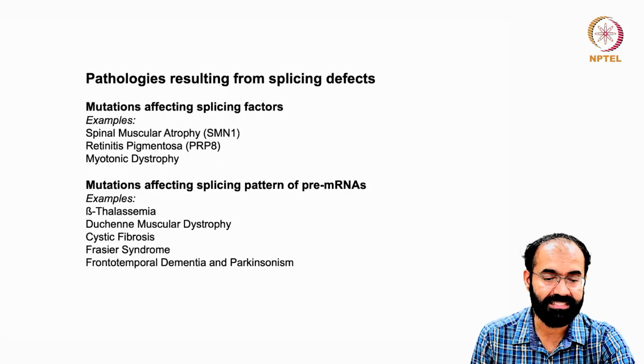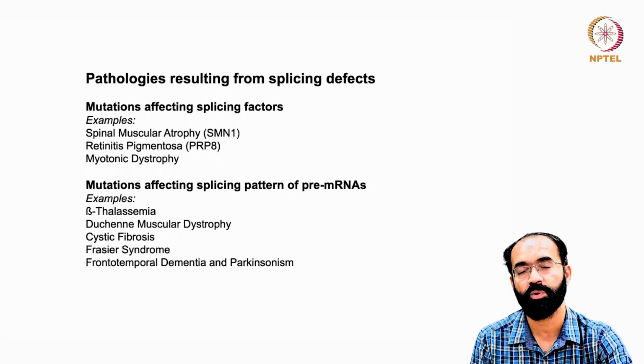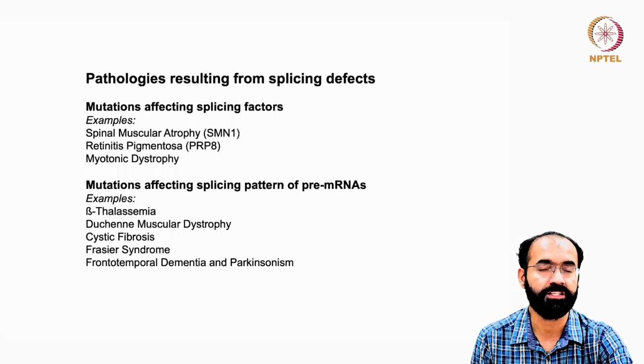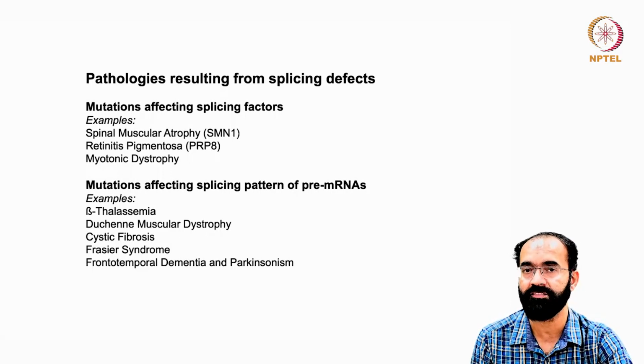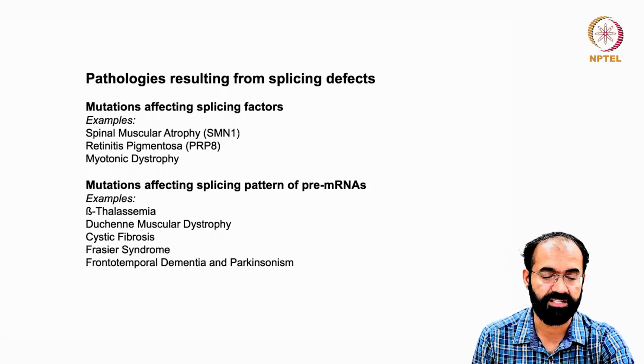That means it is affecting a given splicing event. The proteins are intact, but the splicing is affected despite the proteins being intact. If a splicing protein is affected, it will affect every splicing. But if one splicing event is affected, then that particular gene is affected.